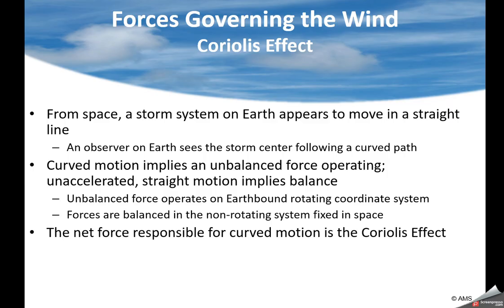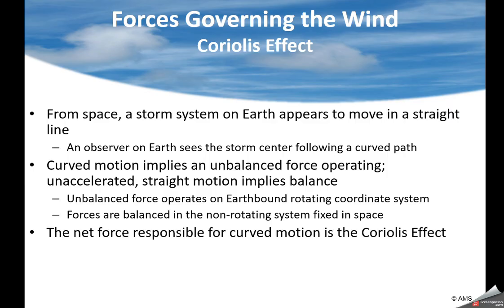All right, Coriolis effect. This is unique to a rotating planet, we'll say. So the Earth spins, rotates around its axis. Because of that, when you look from above, the top of the Earth or the bottom of the Earth is not moving as fast as the middle.